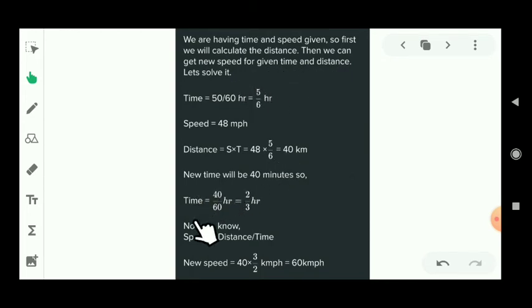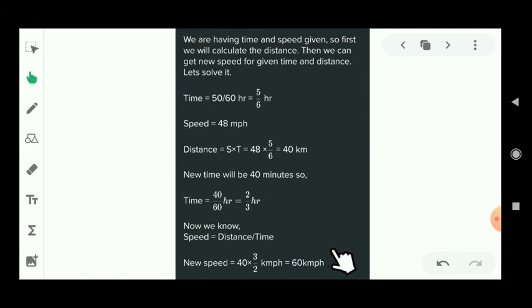Now we will find out the new speed. Time is given here as 40 minutes. So firstly we have to convert it into hours, dividing by 60, that means 2 upon 3 hour. Now the new speed will be distance upon time. The distance we found earlier, that is 40 kilometer.